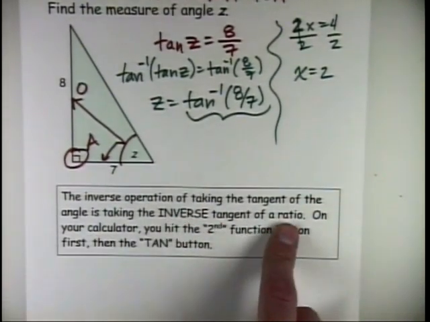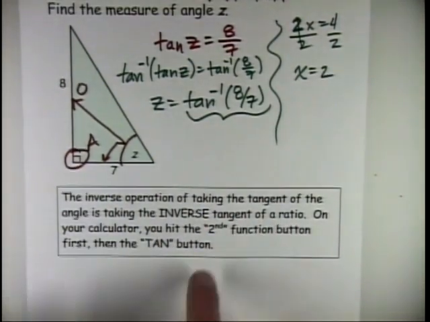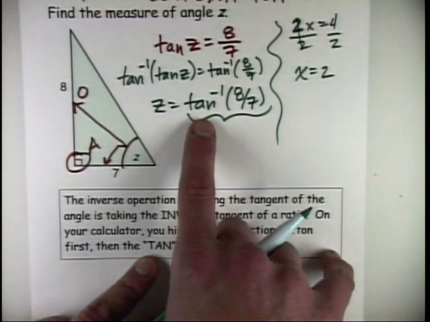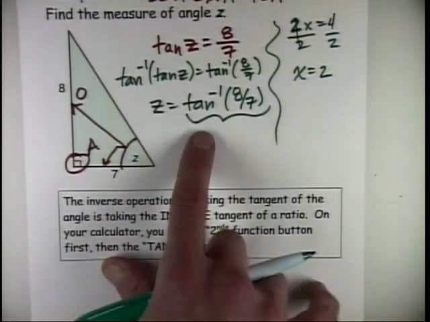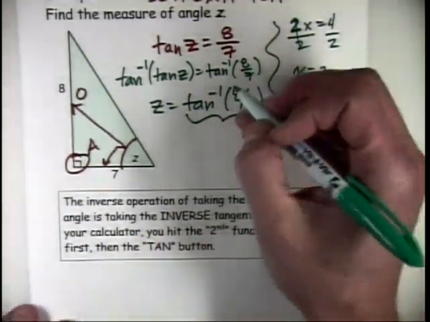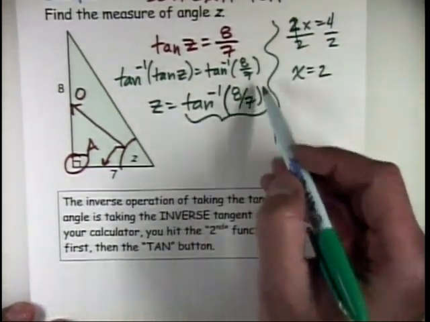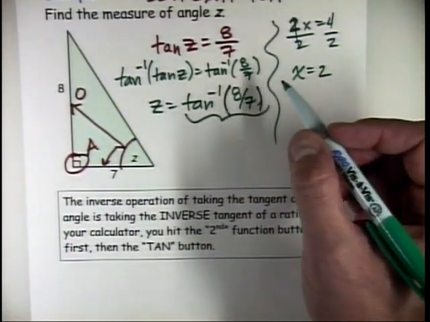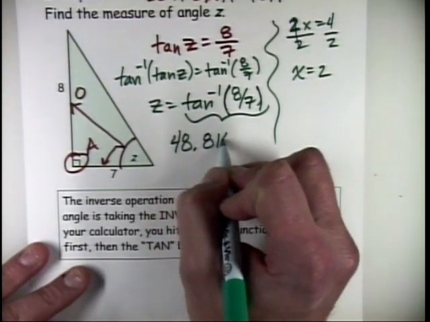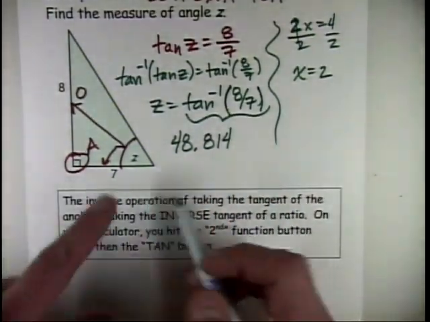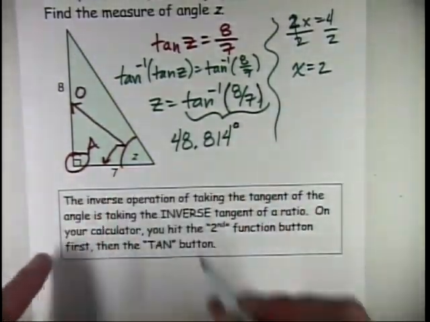If you hit the second command and then hit the tangent key, you basically have this appearing on the calculator. It'll have a little -1. So again, if you're in degree mode and you type in second tangent, parentheses are going to open, 8 divided by 7, close them up, and hit enter, you're going to get an answer of 48.814. And since we're in degree mode and that's an angle, we're going to put a little degree symbol there.